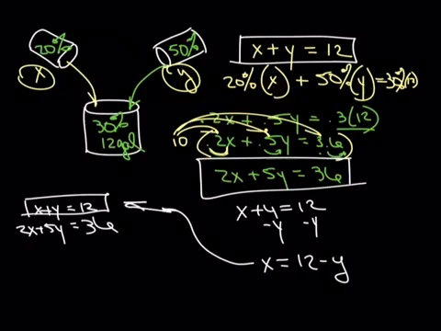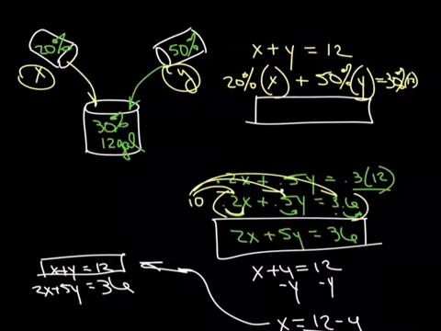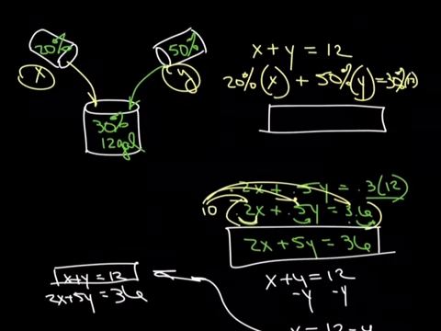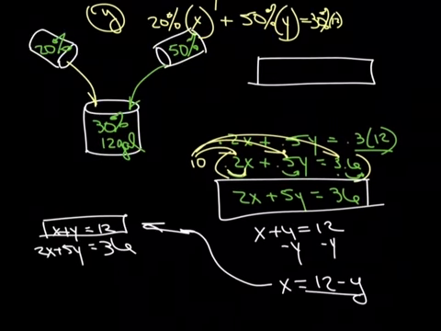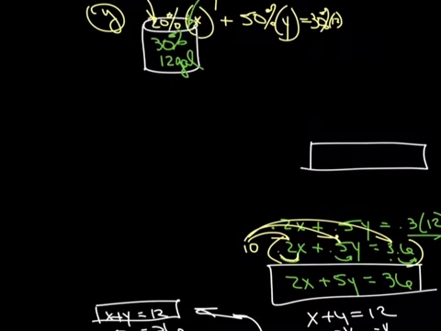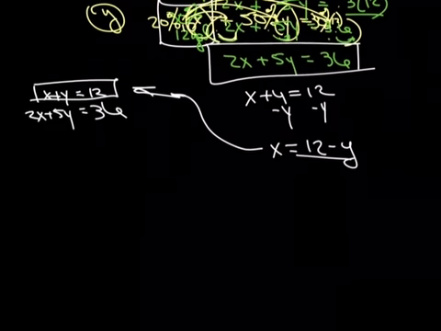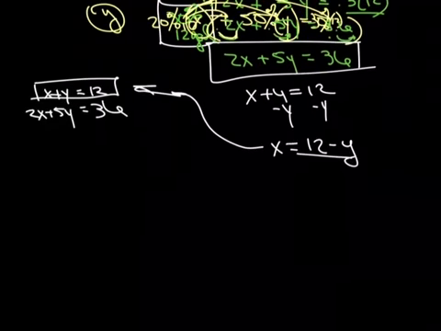Now, in the second equation, wherever I see an x, I'm going to put 12 minus y in its place. Let's move a bunch of this stuff out of the way. I'm going to rewrite this as 2 times (12 minus y).